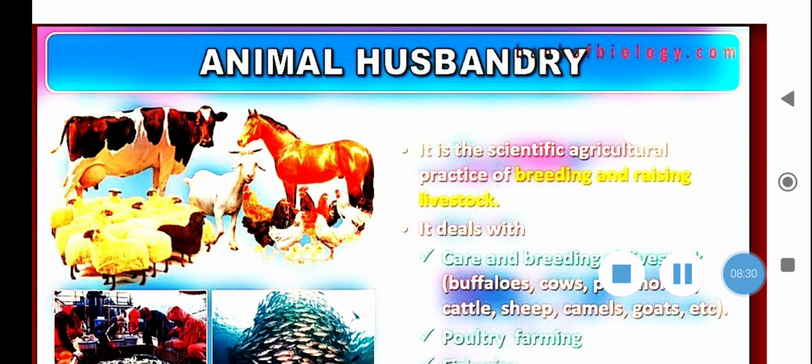It deals with care and breeding of livestock like buffaloes, cows, pigs, horses, cattle, sheep, camels, goats, etc. It also includes poultry farming, fish farming, beekeeping, sericulture, lac culture, etc.